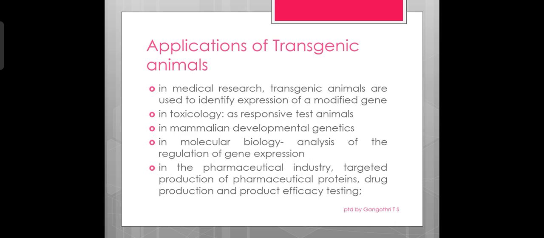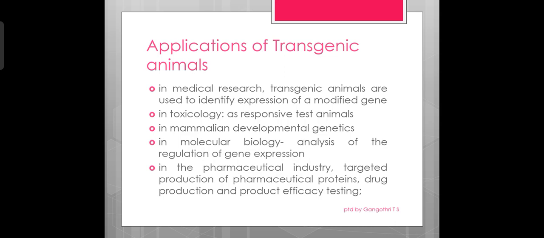In medical research, transgenic animals are used to identify the functions of specific factors in complex homeostatic systems through over or under expression of a modified gene, that is the inserted transgene, in the progeny.